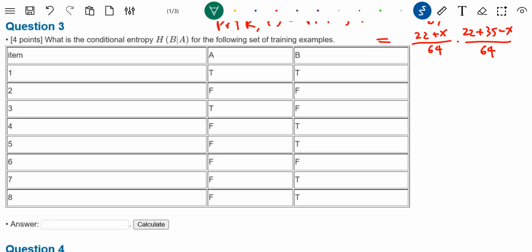And question 3 is just a computation question, so you need to know the formula. The formula of conditional entropy is minus, there should be a minus sign in front, the sum over A and sum over B of probability of A, times probability of B given A, times log base 2 of probability of B given A. So knowing that, you just need to compute the probabilities, and these probabilities can be estimated using MLE.